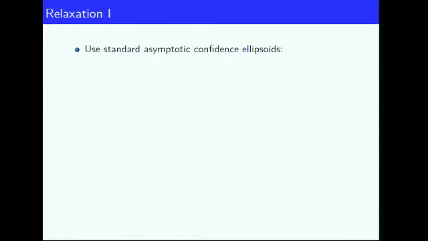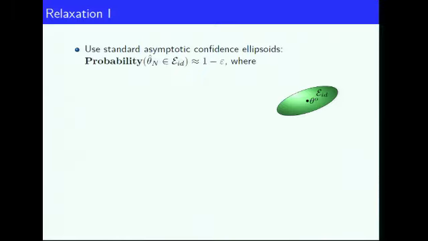Firstly, the idea is to look at a standard confidence ellipsoid of our parameter estimate. So we have the probability that theta hat will be in this standard confidence ellipsoid will be 1 minus epsilon, with epsilon small.